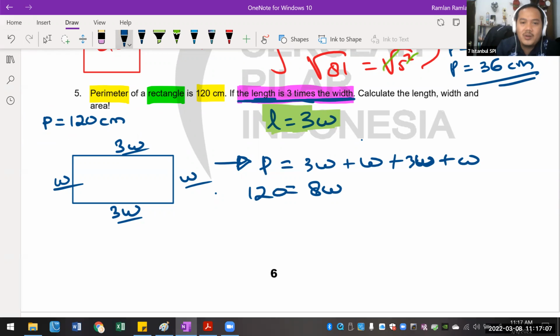Oh, there you go. Okay, saya mau ke Rafael. Rafael udah tadi ya, nggak apa-apa lah. Felisa belum. Felisa, what do you think? How can we solve the W? What is the value of W if I have this equation?